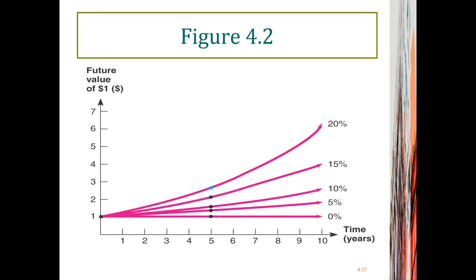And let's say you had $1 invested and you are going to invest for 10 years. If interest rate is 10%, then you are going to get a little over $2 as future value. But if your investment return increases to 20%, look, your final FV would be something above $6. So that makes a huge difference when interest rate increases. And actually you see exponential relation here.